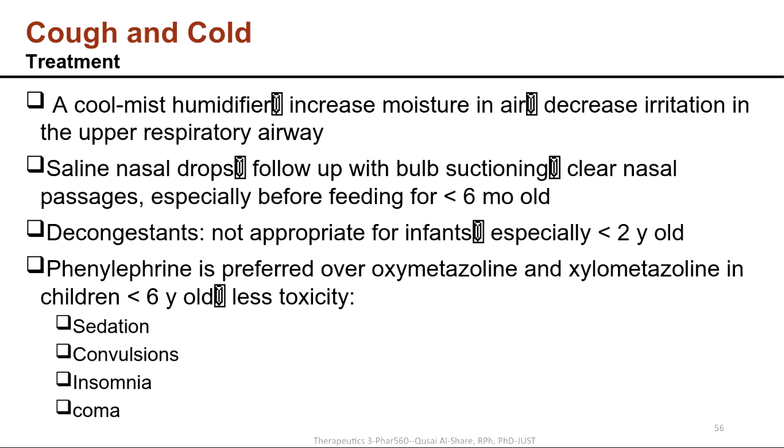If it's a must to give a decongestant, then you have preferences: phenylephrine is preferred over oxymetazoline or xylometazoline in children less than 6 years of age due to its lower toxicity profile. Normally, the toxic effects are anticholinergic side effects like sedation, convulsions, insomnia, and may cause coma if you exceed the dose.